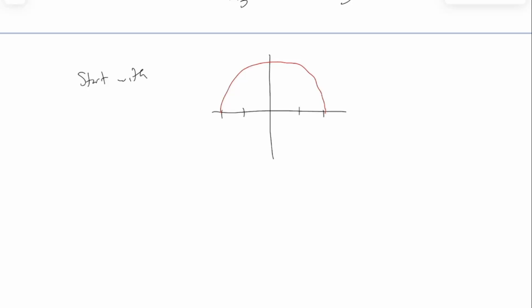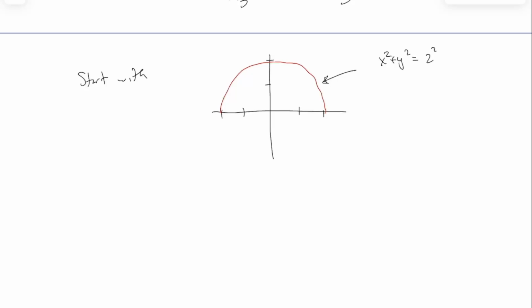But for our purposes, it will be good enough to just take the top half of a circle of radius 2. And because we're going to want to do the integral involving this, we should write down a formula for this. The full circle would be x squared plus y squared equals 2 squared. That's the formula for a circle of radius 2.